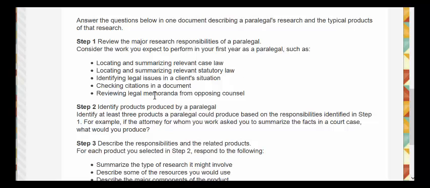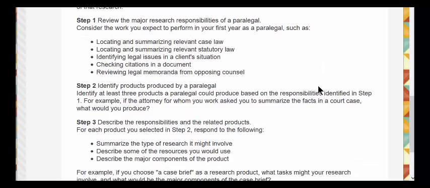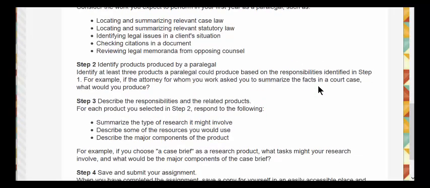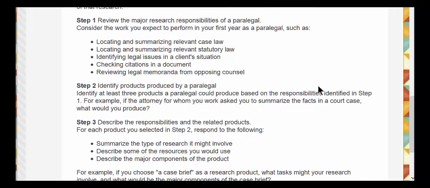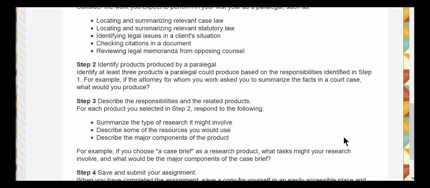That could also be called a memorandum, but you could call it a summary as well. You could write a case brief, which is one of the examples that the authors give you. So the products, at least three that you're going to develop, are going to be that document that contains the results of your legal research.